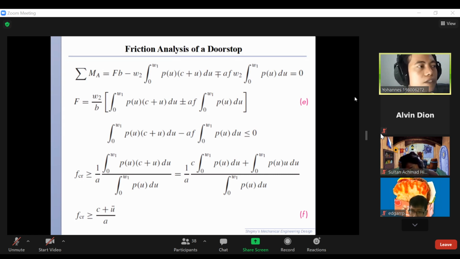Self-energizing happens if, as we discussed before, the moment created by the friction and the external force can increase the locking mechanism, so it can stop the motion.